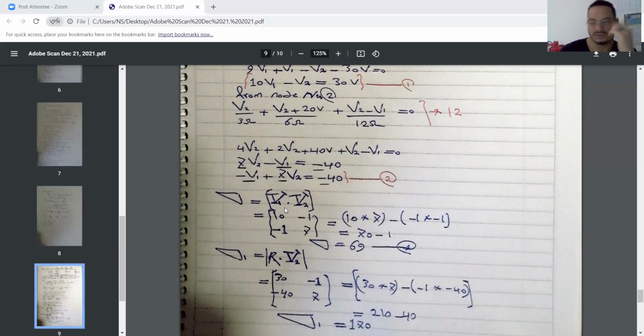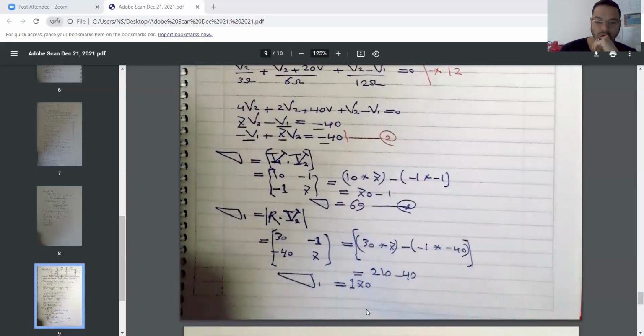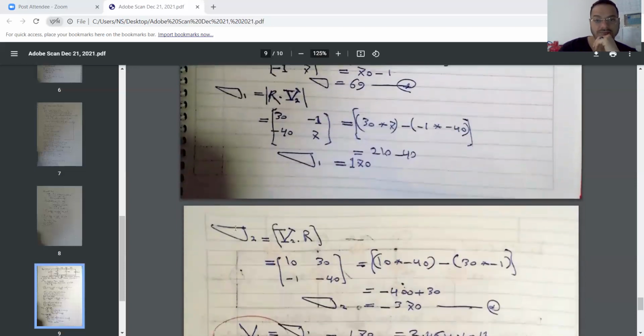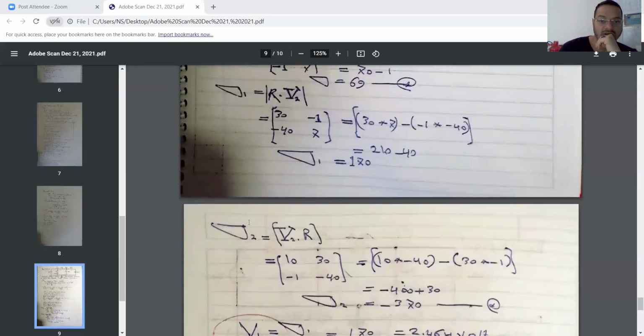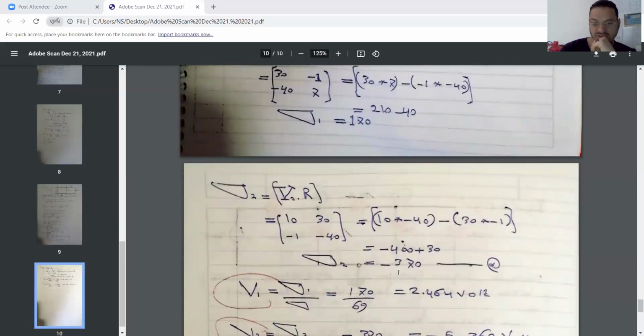Delta equals element 1 times element 2, to be like that, equals 69, and delta 1 equals the result column times element 2, or V2, equals 170, and delta 2 equals V2 times the result, equals minus 370.